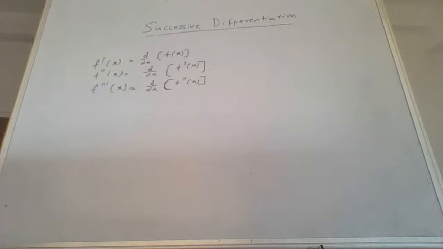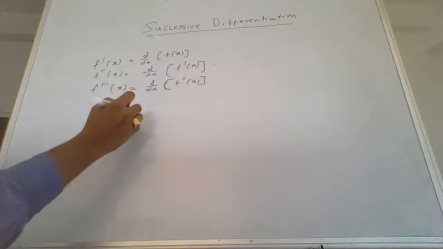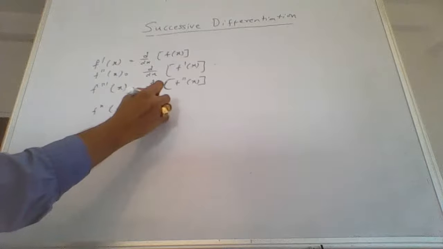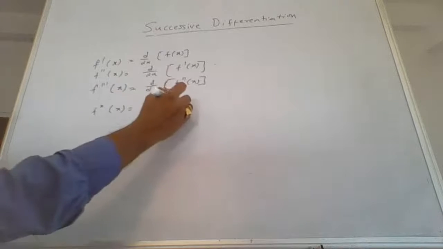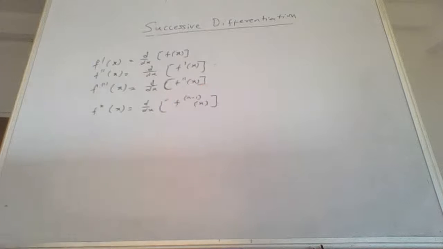So the nth term will be f n of x, which is d by dx of f of n minus 1 of x.